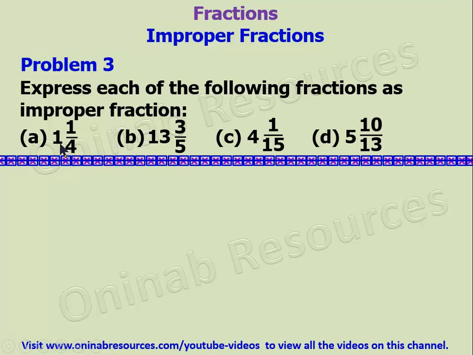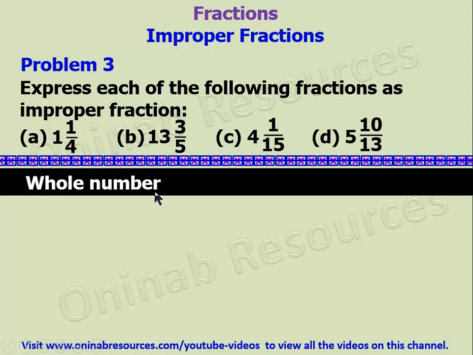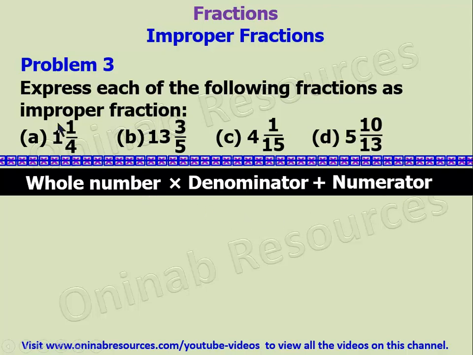The method of expressing a mixed fraction as an improper fraction is, first we multiply the whole number by the denominator, then add the numerator. This is the whole number part of these mixed fractions, and this is the denominator and this is the numerator.